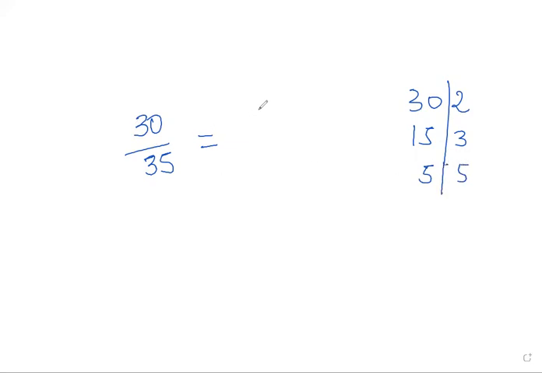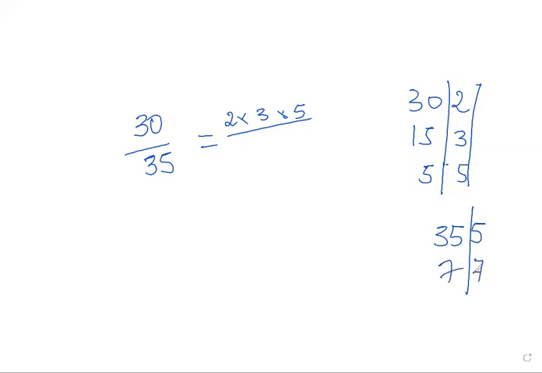So what you do, if you don't really know for sure what the common divider is, is decompose it into the smallest numbers. And 35, you can't divide by 2, not by 3, but by 5, and we have 7 left, and then 7.